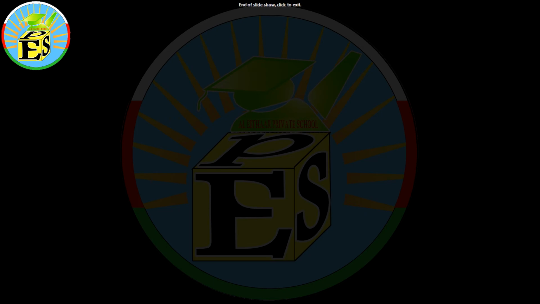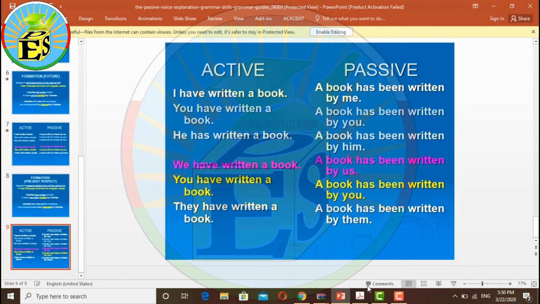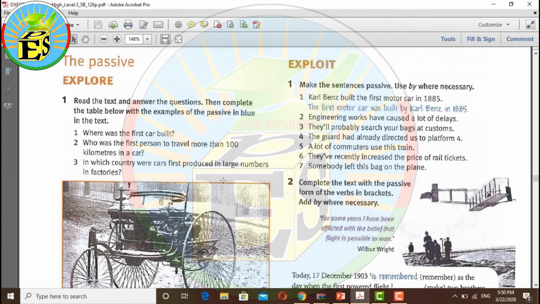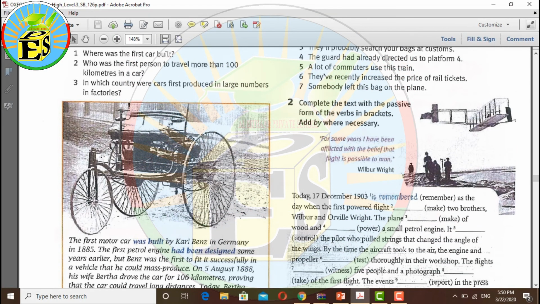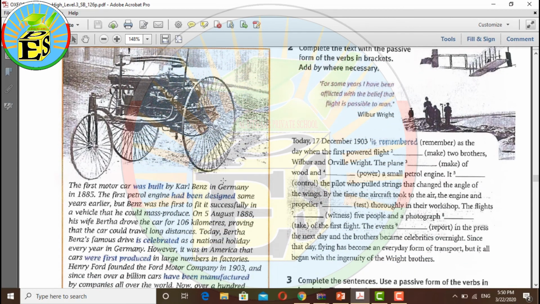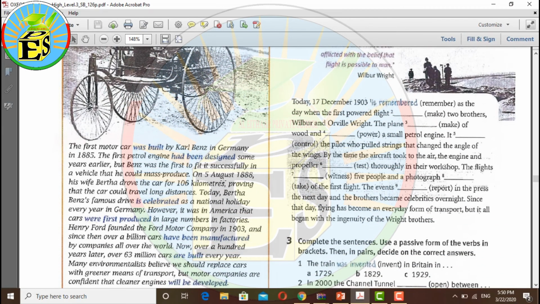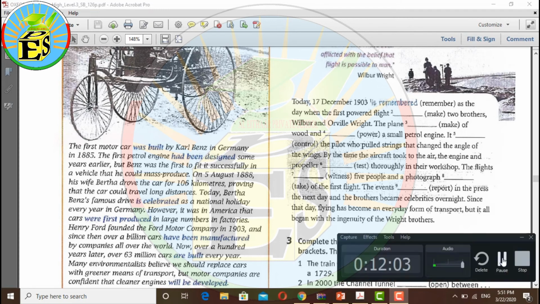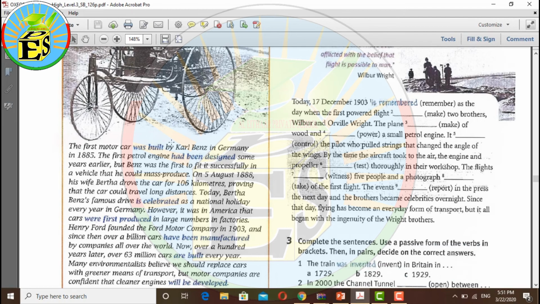Okay, now we will return to our book. In our book, look at the photo here and read the text under this photo. The first motor car was built by Benz in Germany in 1885.